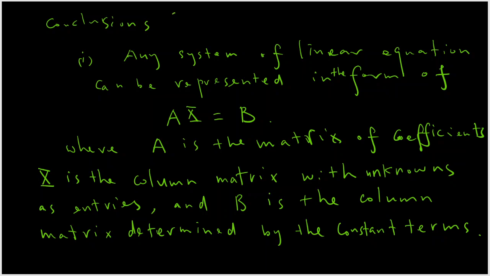Now let's say you are given a system with 2 equations, 3 unknowns. Can I use x, y, z for the unknowns? Let's say 2x plus 3y plus z equals 1, and negative x plus 2y plus 0z equals 5.